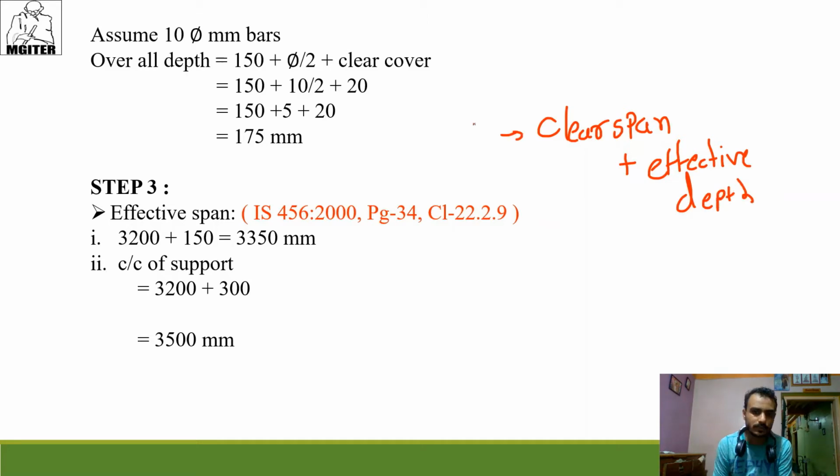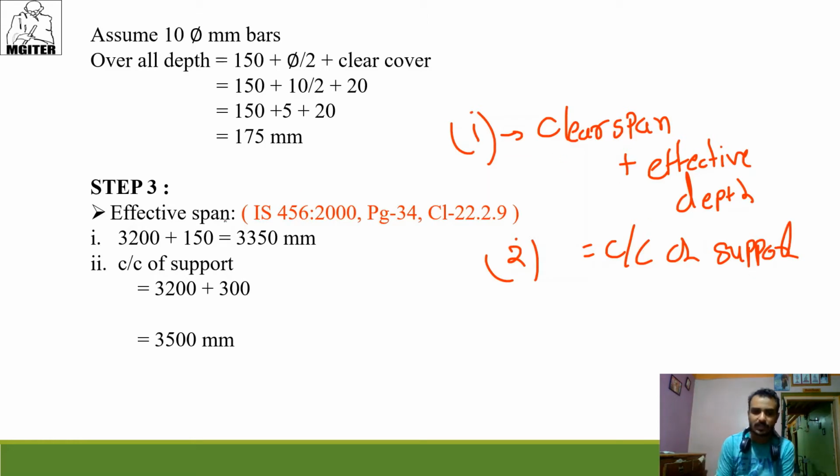This is the first condition, and the second condition is center to center of support. Clear span is the smaller span we assume as the clear span. So the smaller span is 3200 mm plus effective depth 150, so your value is 3350 mm.